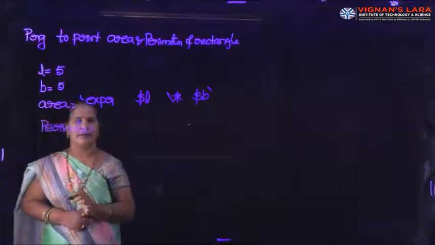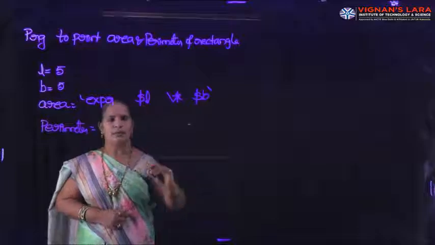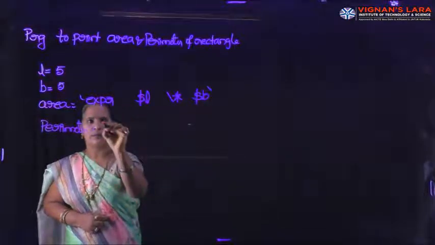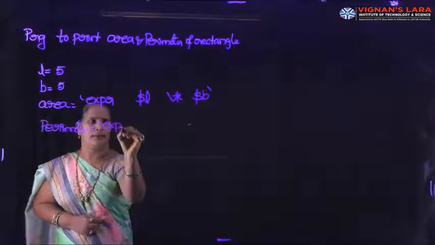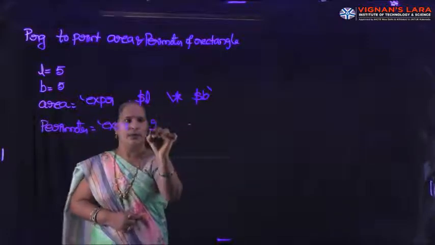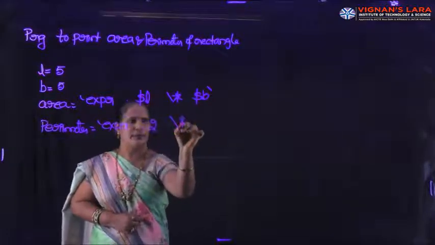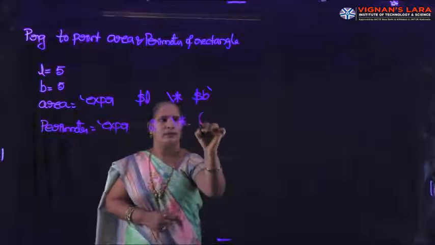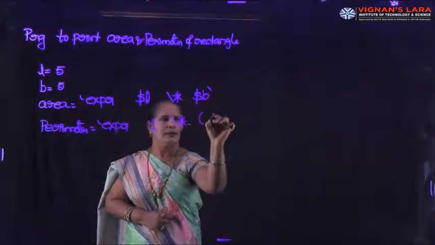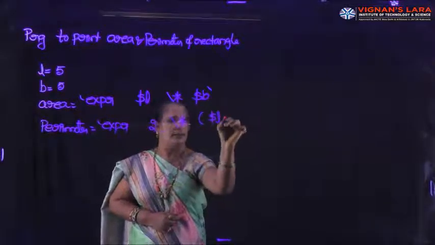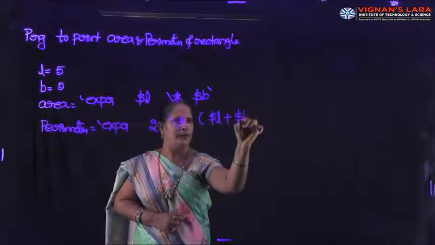Perimeter is equal to 2 into length plus breadth. Expr 2 \* length plus breadth, that is $L + $B.